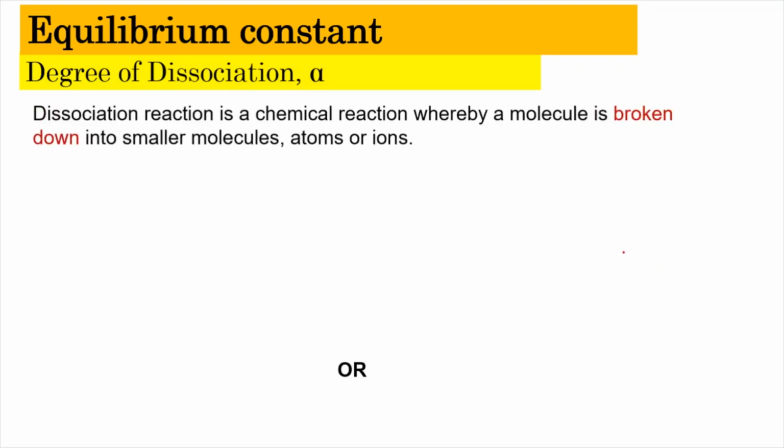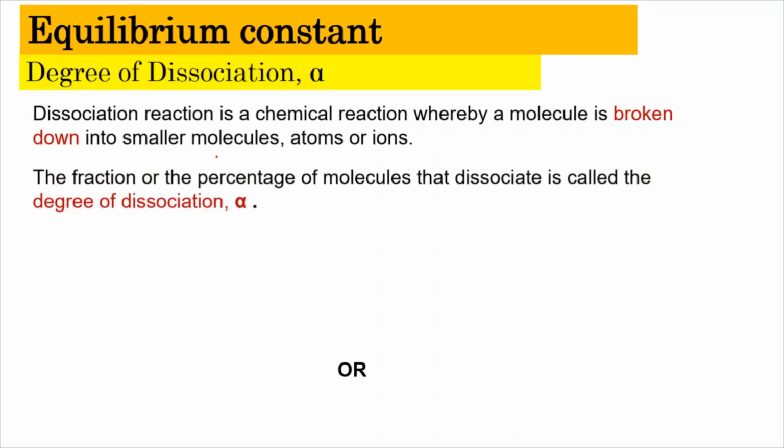The degree of dissociation is basically a chemical reaction whereby a molecule is broken down into smaller molecules, atoms or ions. The fraction or the percentage of the molecule that dissociates is called the degree of dissociation, known as alpha. And if the dissociation occurs completely, then we're going to get our alpha to be 1 or equal to 100%.